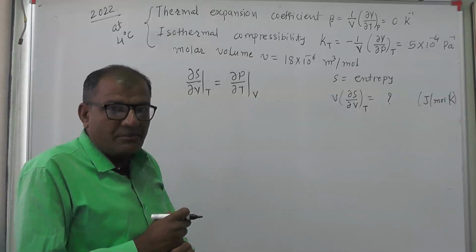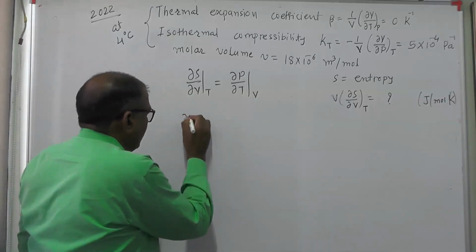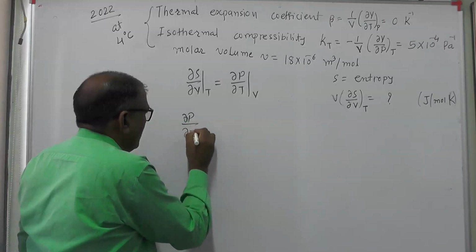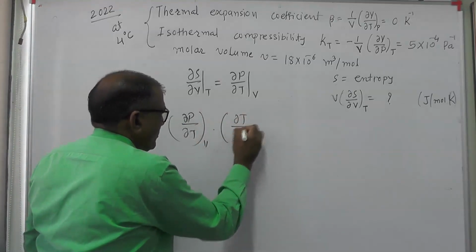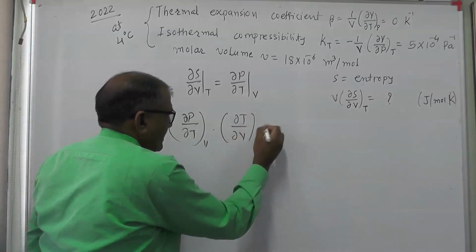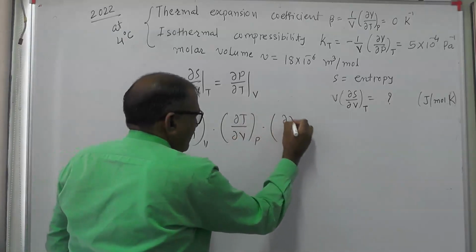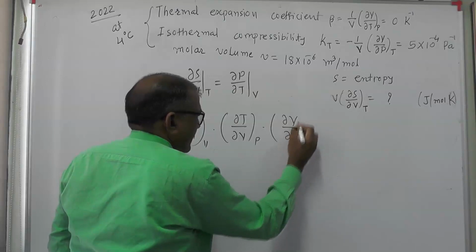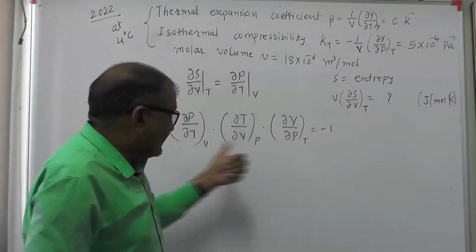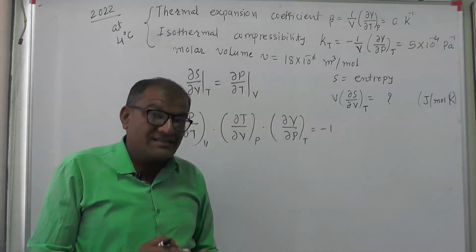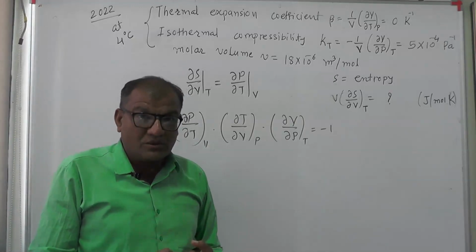From the cyclic product rule, I can write one equation: del P over del T at constant volume, into del T over del V at constant P, into del V over del P at constant temperature, is equal to -1. This equation is known as the cyclic relation, or triple product rule.